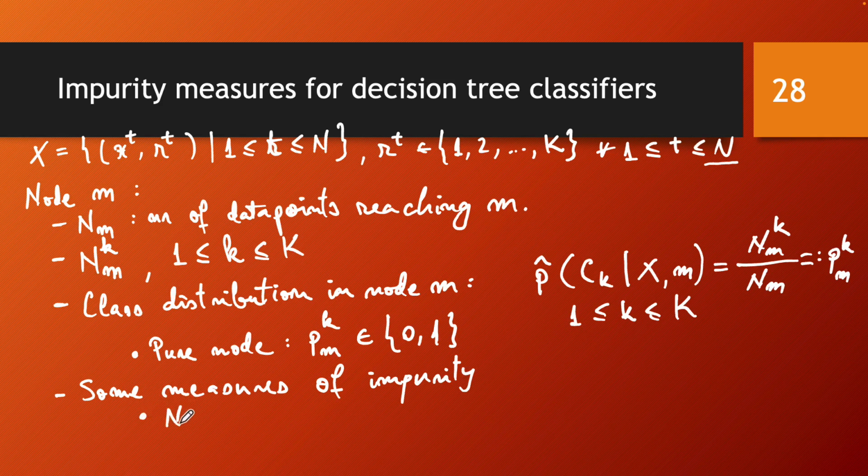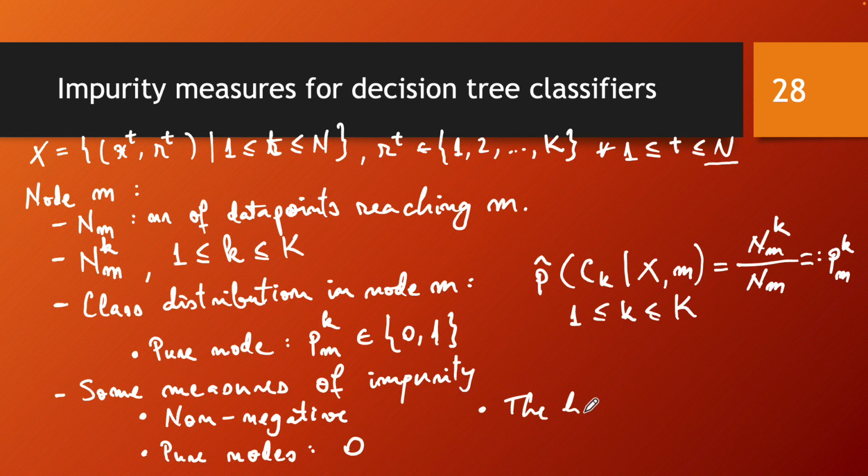First of all, it should be non-negative. So you are going to take care when you define this measure that it's a non-negative function, and for pure nodes you would like this to be 0. You would also like to define it in such a way that the lower it is, the closer to purity your node is going to be.